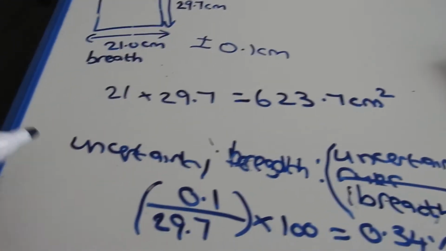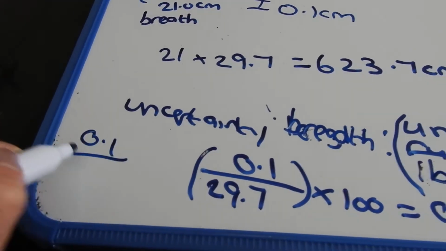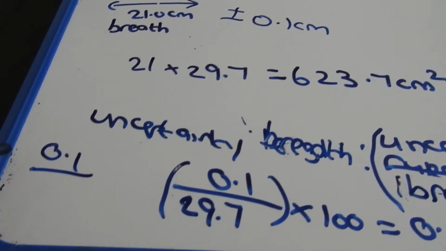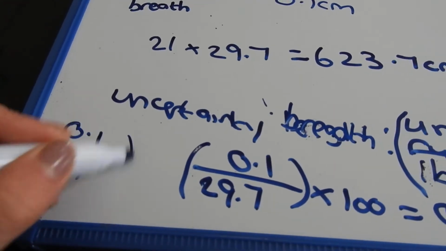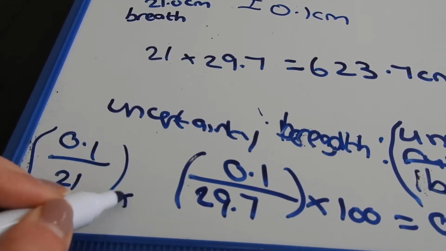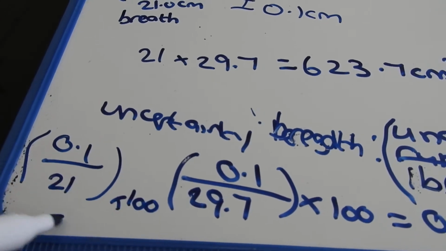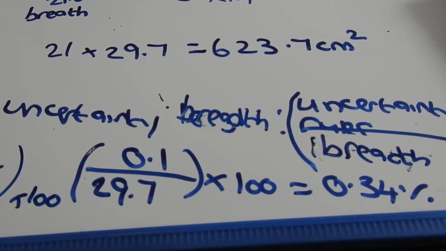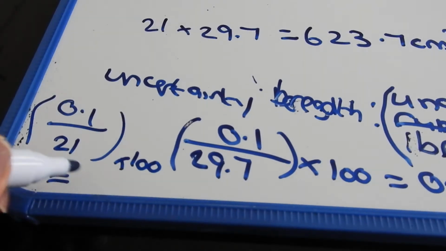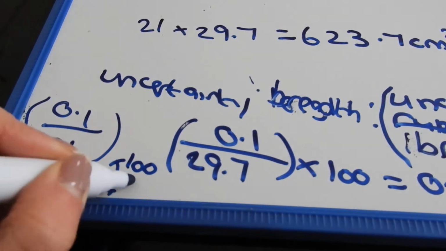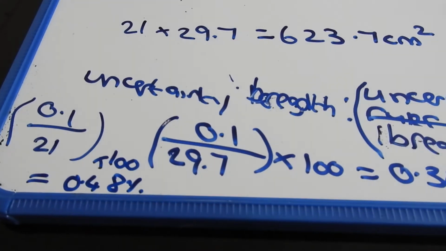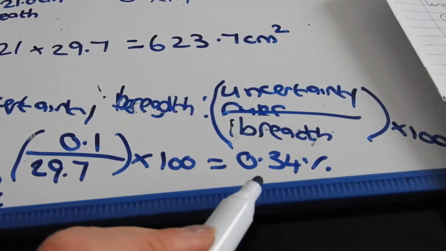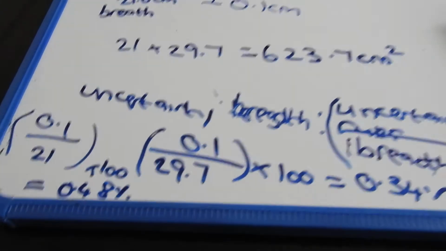So again, our uncertainty in the ruler is 0.1, the breadth we got was 21, and then I'm going to multiply that by 100 to give my uncertainty in the breadth. My uncertainty in the breadth is 0.48%.